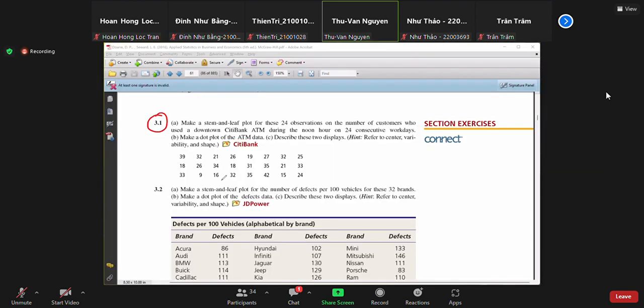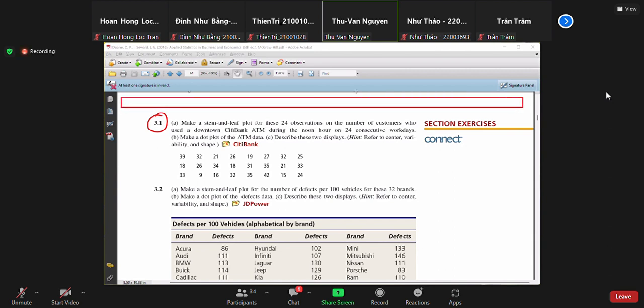What is the smallest? The smallest is 9. Number 9, and then number 15, only one.